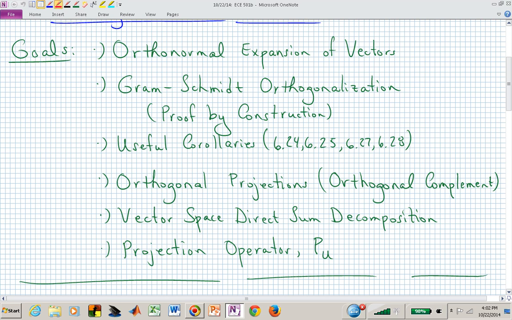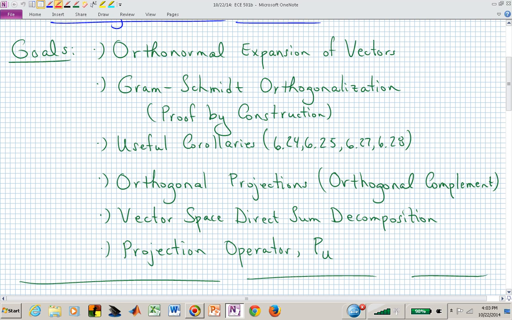The proof of that being possible is a proof by construction, and if you then believe the proof, you've now constructed how you would perform this building up of an orthonormal basis through the Gram-Schmidt orthogonalization process.